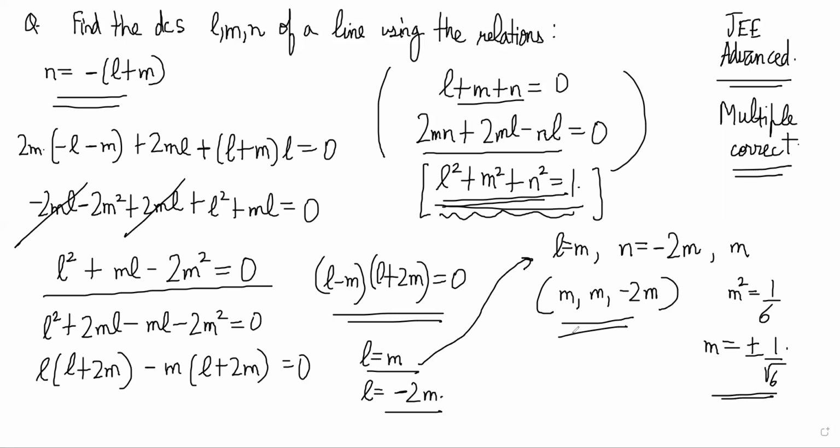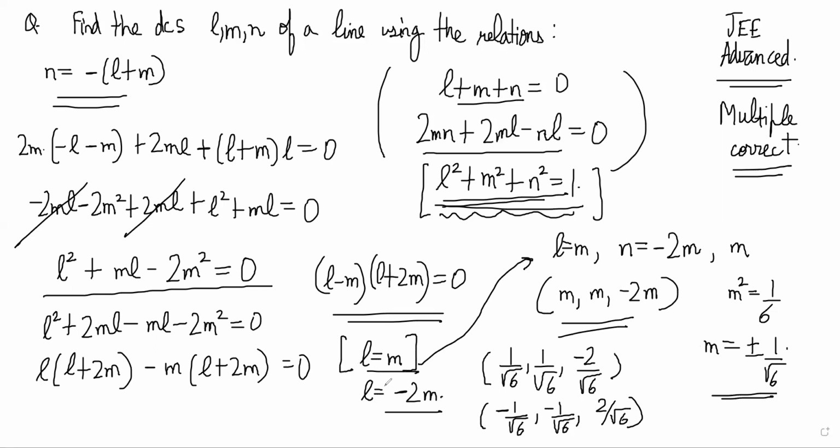Yes, sir. So you'll get two different direction cosines here. One is 1 by root 6, 1 by root 6, minus 2 by root 6. And another is minus 1 by root 6, minus 1 by root 6, and plus 2 by root 6. These are two different possible answers in case 1 when L is equal to m.